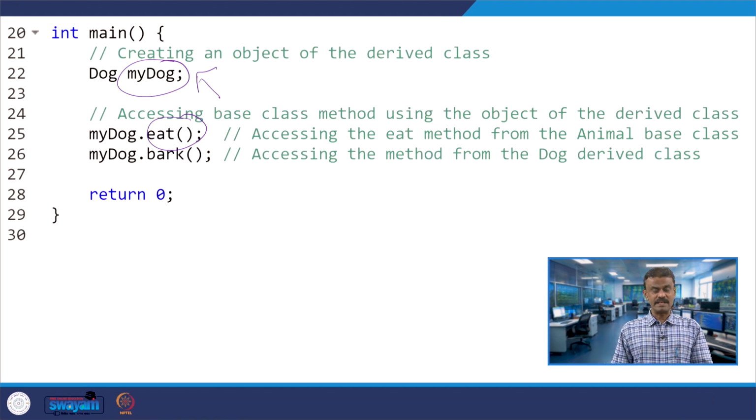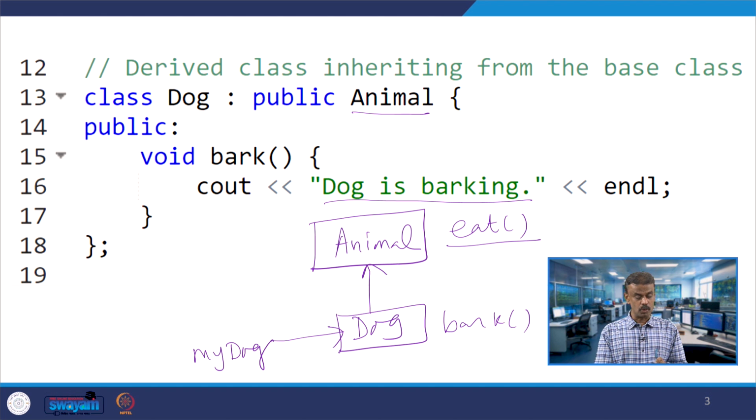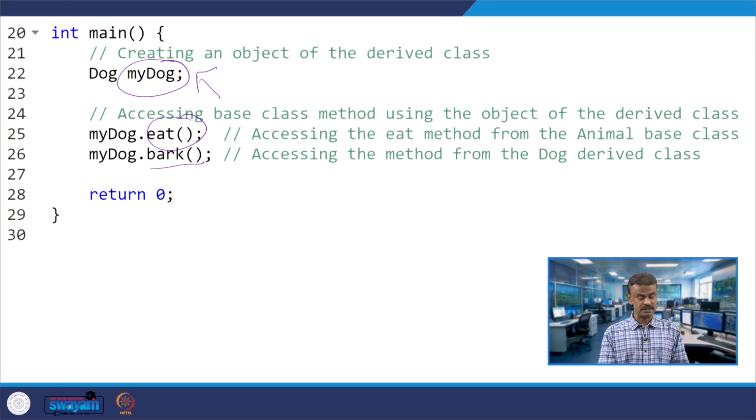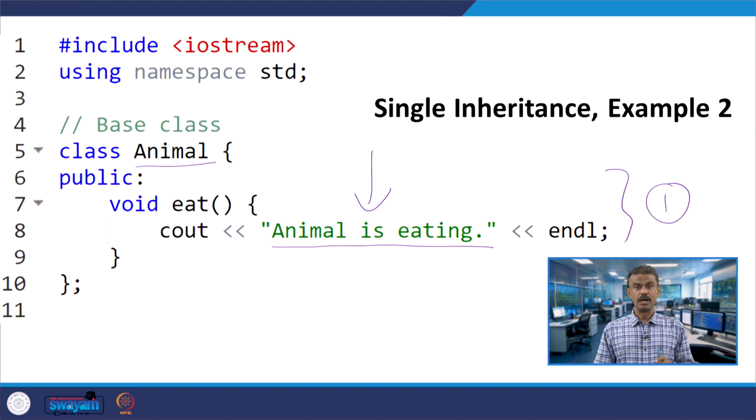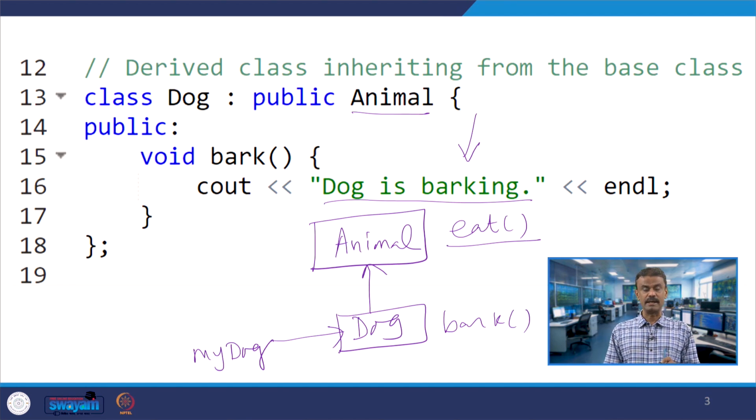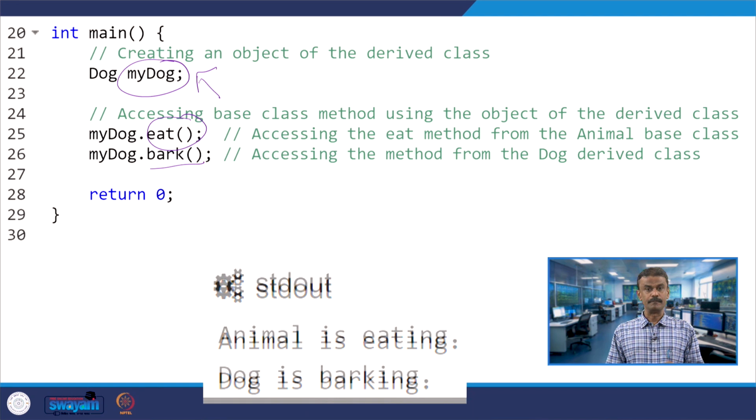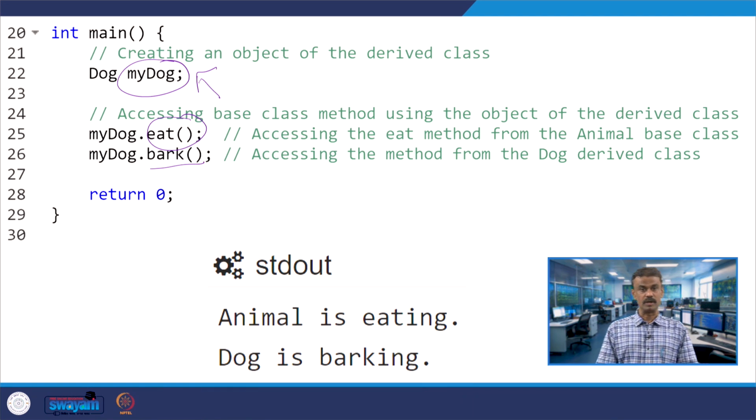Now myDog is invoking bark, and in bark you have "dog is barking", so this will be printed second. If you run the code you will get the output we are expecting: first "animal is eating", and second "dog is barking". This is another example of single or simple inheritance.